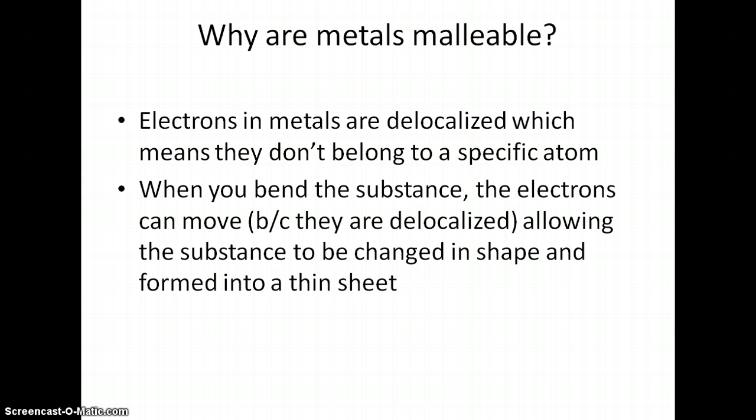Ionic compounds, you could not do this because when you try to shift them around, you're going to get positive ions beside another positive ion and a negative beside a negative, and that's going to cause repulsion. Well, with metals, because those electrons move around, it allows us to bend and pull and do all we want with it, and those electrons just kind of go with whatever you're doing to the substance. They can move around as well.